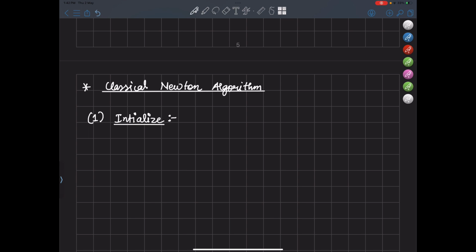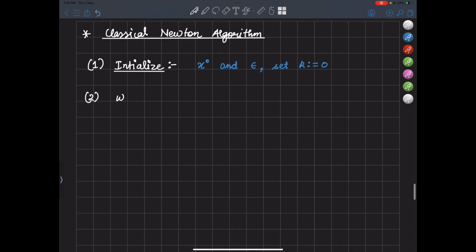Initialize x naught and epsilon and set k equal to 0, the iterate. Then we start the loop: while the stopping condition is satisfied, that is, as we discussed earlier, if the gradient's norm is greater than some small value epsilon, we will continue the loop.